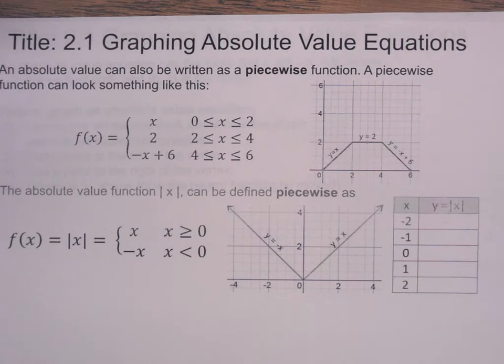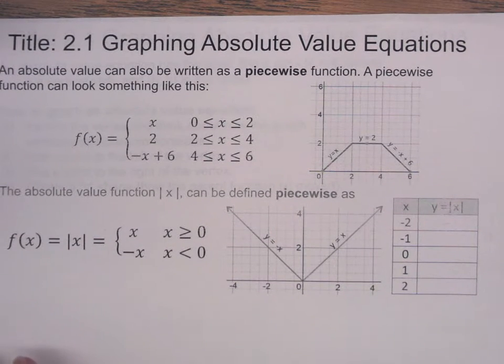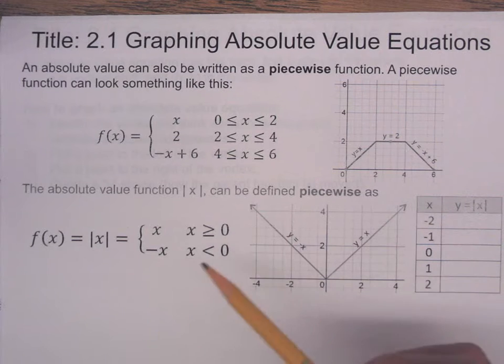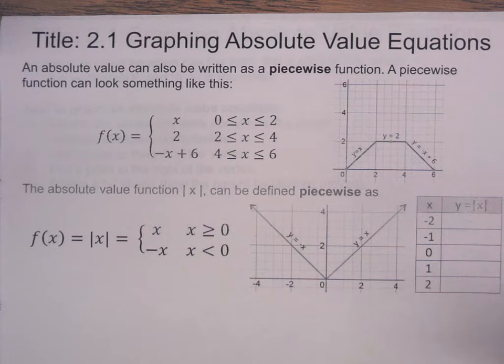Okay, the absolute value function. This is basically the notation for the absolute value function, and it can be defined piecewise by the following. What this means is that if you put a -1 here, it's going to spit out a +1.